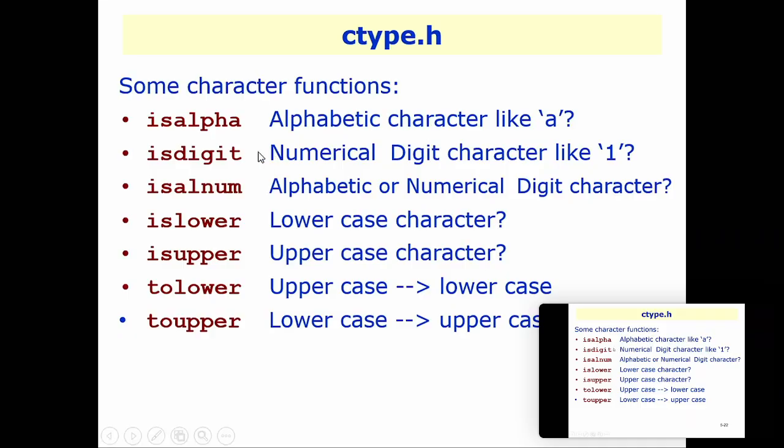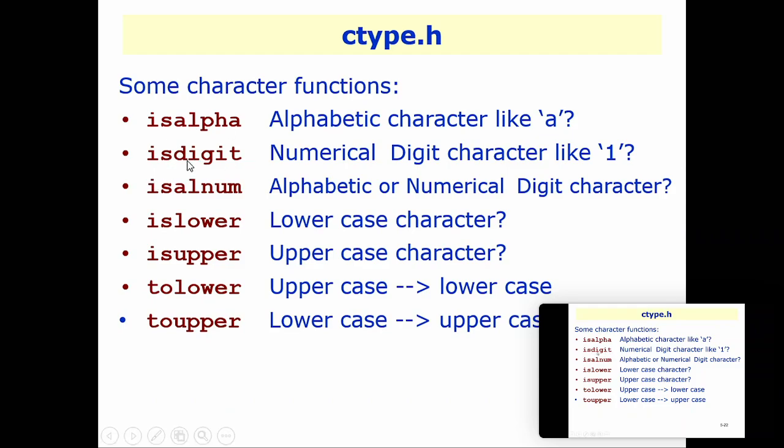For example, isalpha is asking, is it an alphabet? If the input is an alphabetic character, A, B, C, D, then this function will return a true value, which is non-zero. If the input is 1, 2, 3, a numeric number, not alphabet letters, then it will return zero. Zero means false.